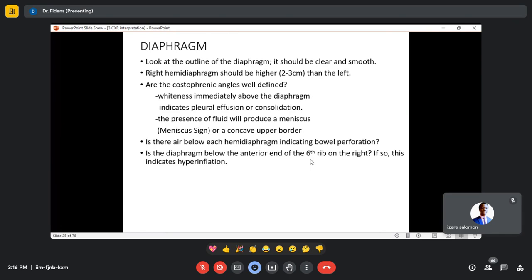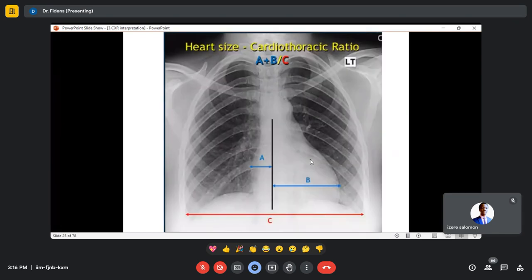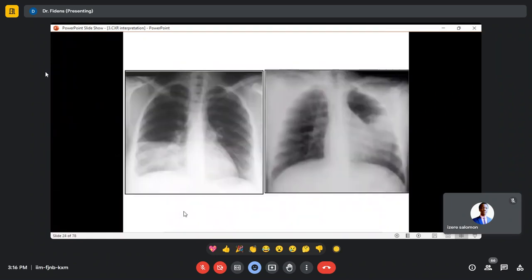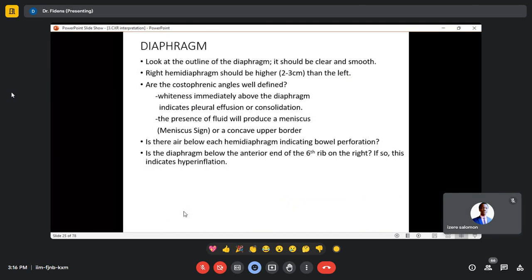You remember on a normal chest radiograph like this one, the number 1, 2, 3, 4, 5, 6, almost the sixth is crossing the diaphragm. But when the sixth rib is completely above the diaphragm on the right side, it can be a sign of hyperinflation. That's what they say.